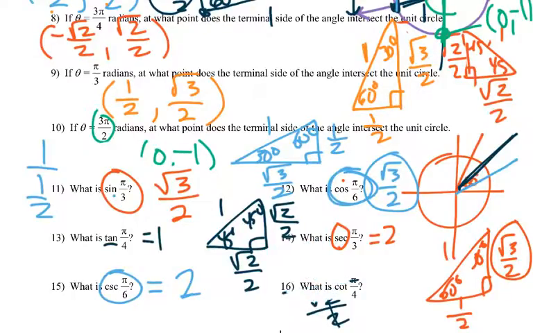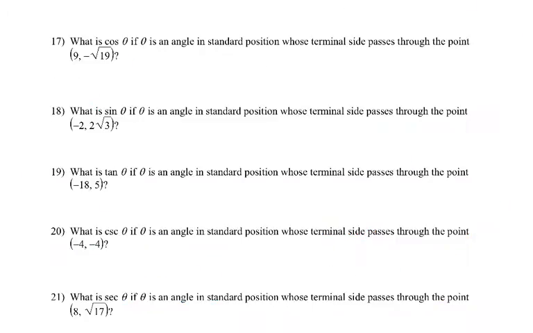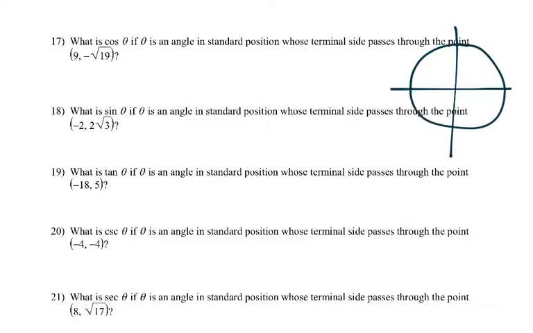Now the cotangent is the opposite of that, but doesn't matter if I flip the x and the y, they're the same thing, so the cotangent is also 1. Okay? So you can just take these fractions and you can flip them and figure them out for the opposites as needed.